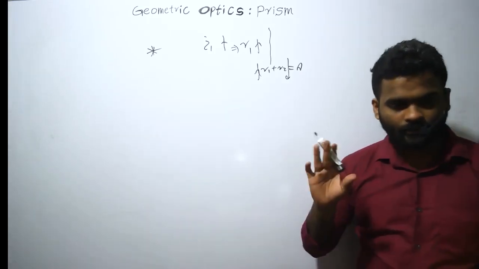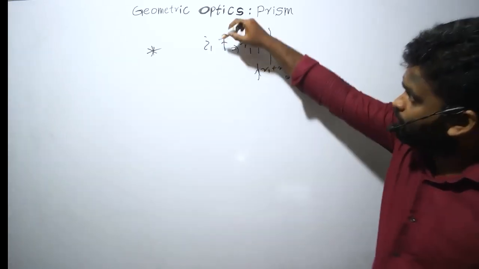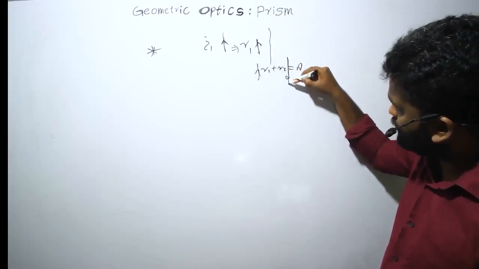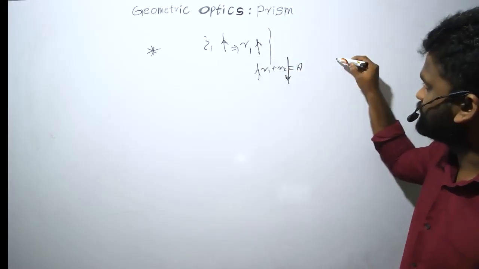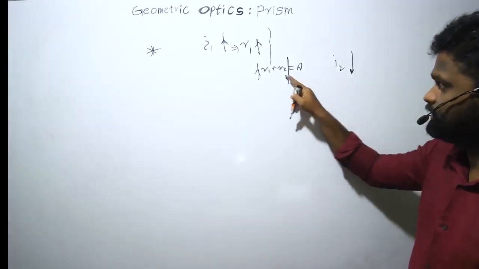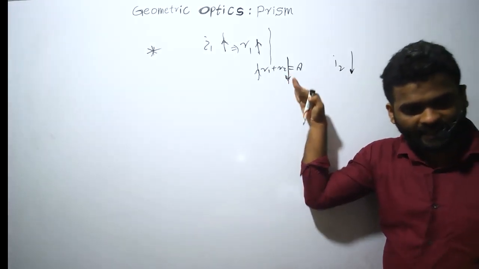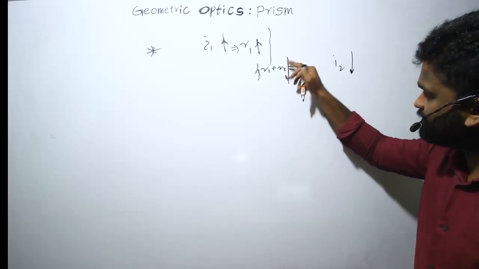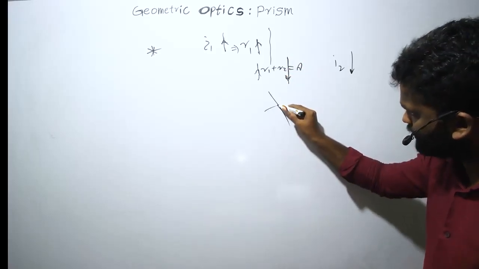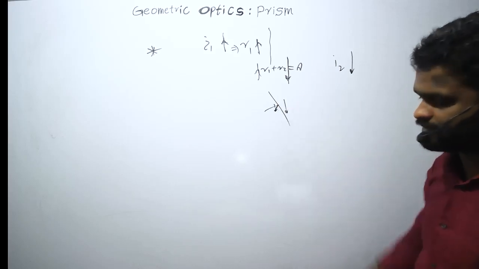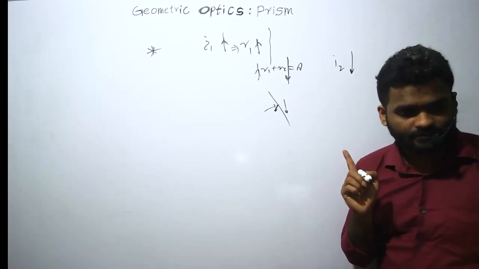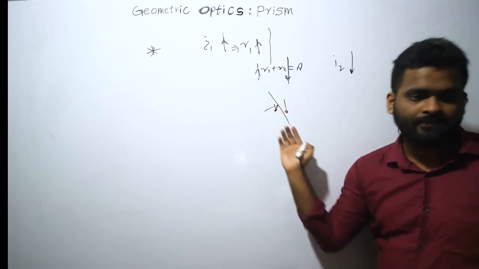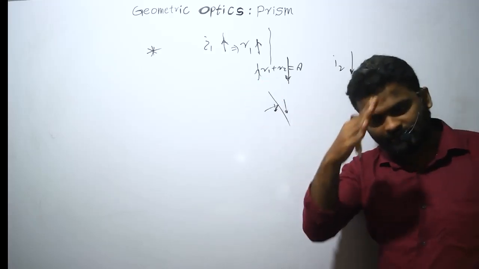Okay. Now listen. When I1 increases, R1 increases. When R1 increases, R2 decreases. When R2 decreases, I2 decreases. Why? Again, Snell's law here, right? At the second surface, if you apply Snell's law, you can understand that when R2 decreases, I2 also decreases. If it decreases, it decreases. If it increases, it increases, when we are thinking about Snell's law.